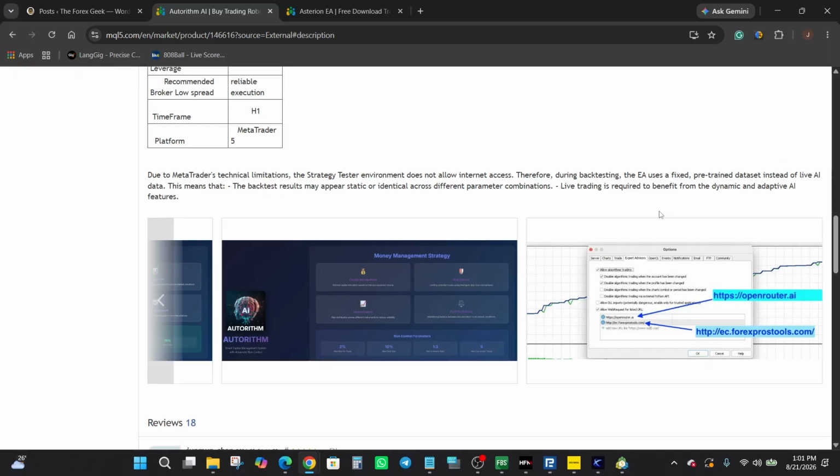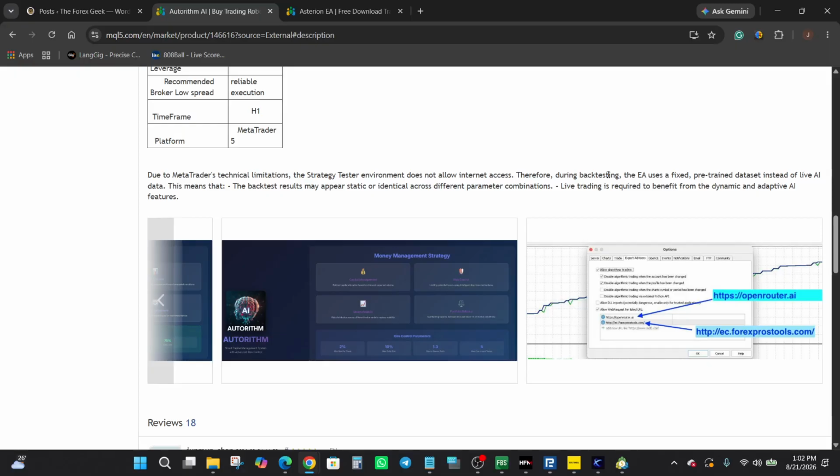So this EA is presented as an MT5 trading system built around 10 AI layers covering technical analysis, pattern recognition, price action, trend, volatility, risk, news, time analysis, martingale management, and final decision making. The listing provides quite a detailed description of these components, but the actual effectiveness of those AI systems has not been independently verified in this review, because when we tried backtesting, we had 0 trades taken.